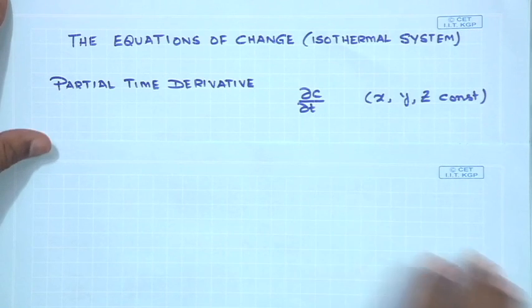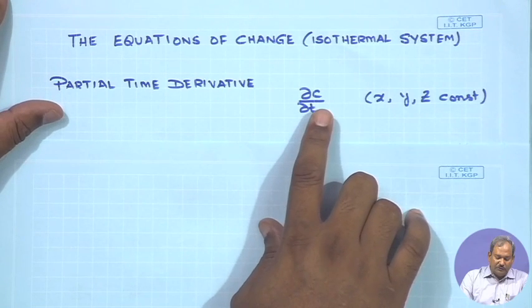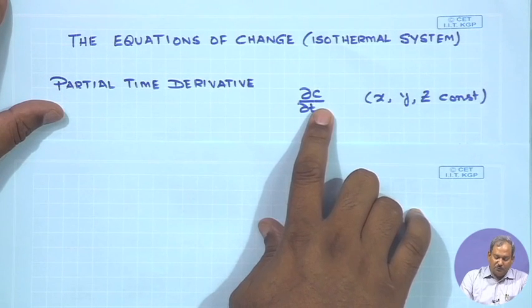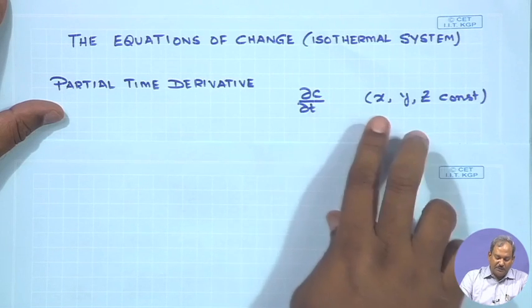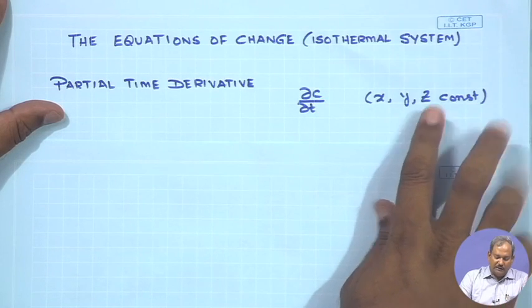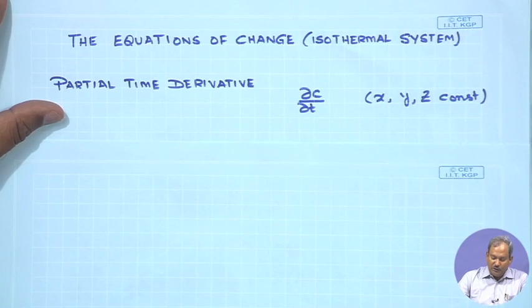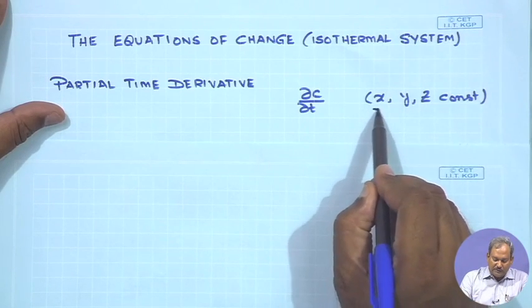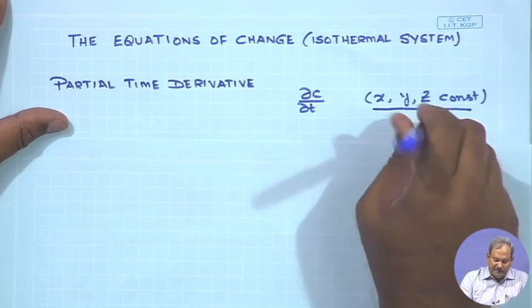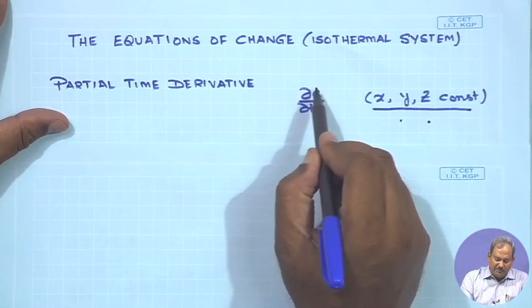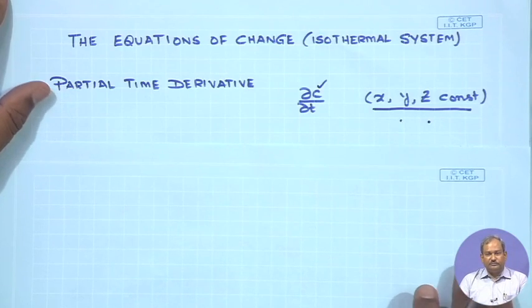Let us say C denotes the number of persons who are wearing a blue shirt, variation of that with respect to time when x, y, z are constant. So, your location is constant, x, y, z is constant, you are right at the center of the intersection and measuring what is the value of C.